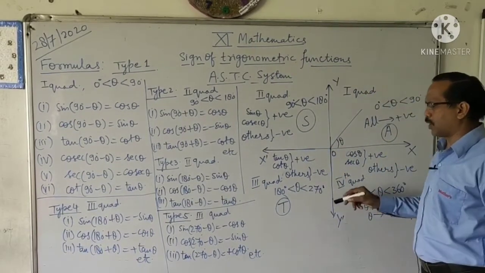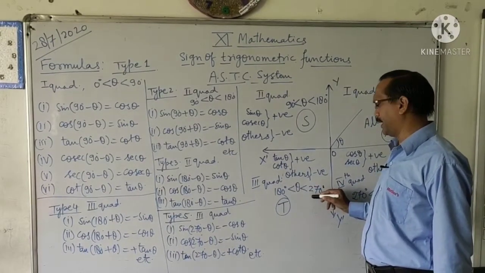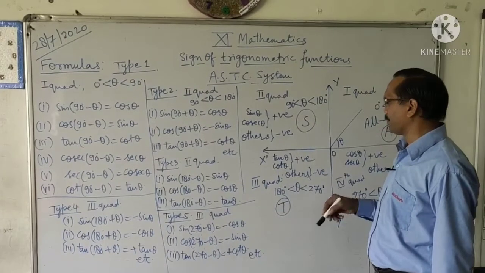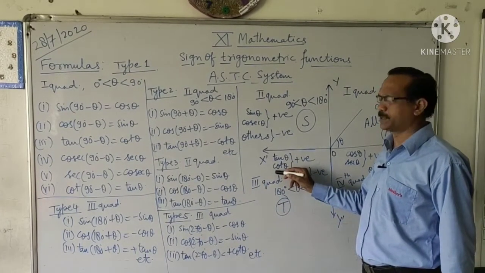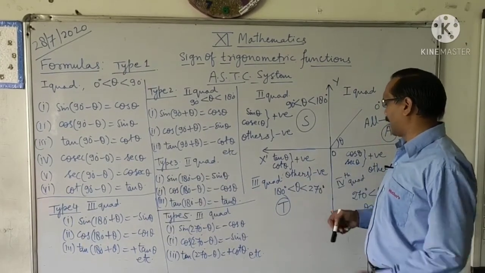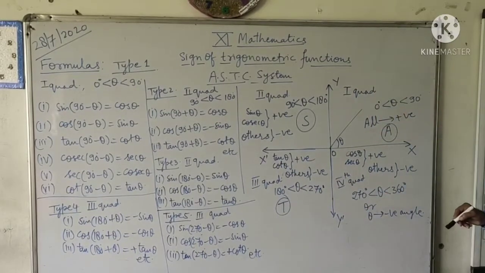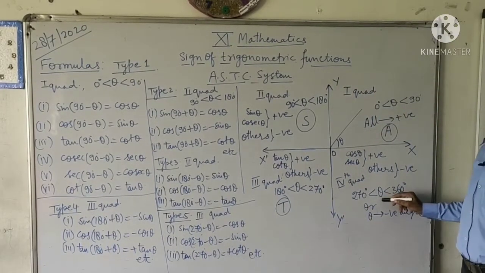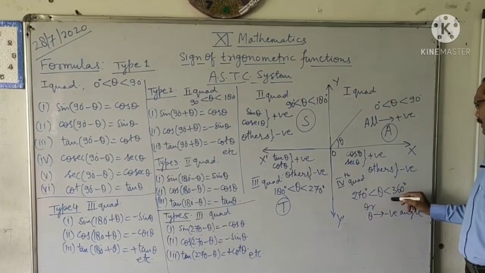In the third quadrant, theta is less than 270 degrees and greater than 180 degrees. And here tan theta and its reciprocal cot theta are positive and the others are negative. So we will take T for this quadrant. Now in the fourth quadrant, theta is less than 360 degrees and greater than 270 degrees.